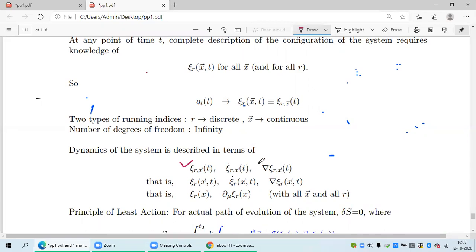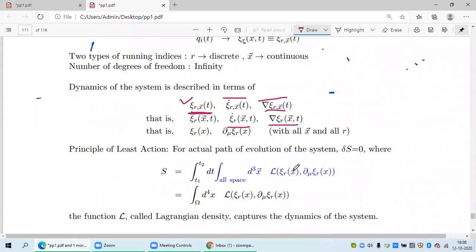Now, these quantities are how fast these values will change with time at a given point, or how fast they will change with space at a given time. Clear? So if you want to describe the dynamics of the system, you need both of this information.